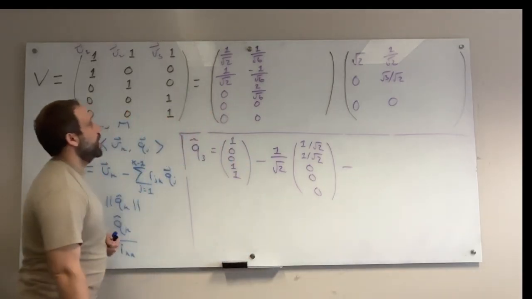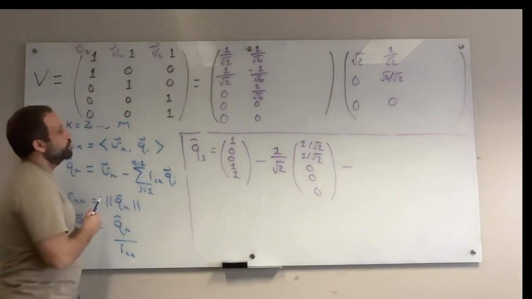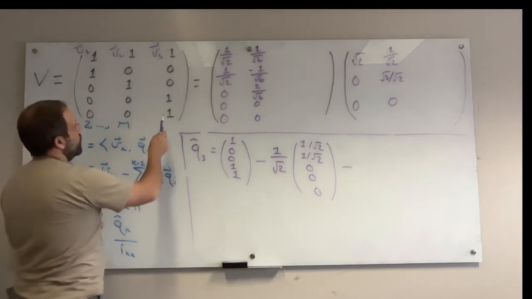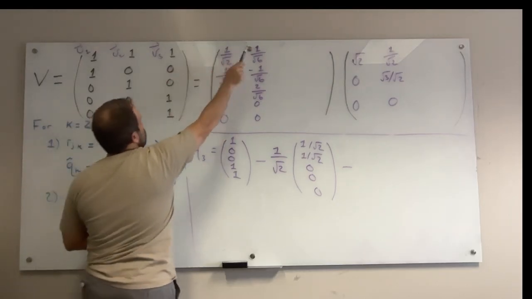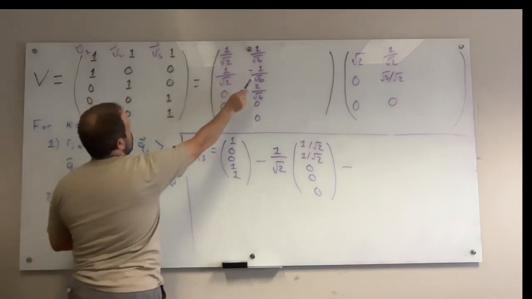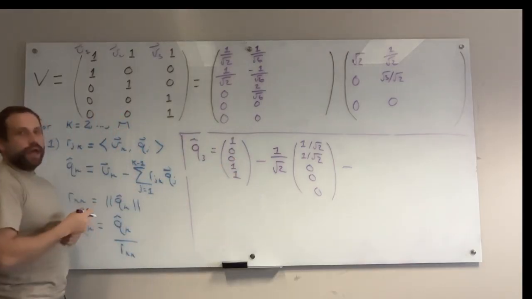Okay, then we're going to subtract off the projection of V3 onto Q2. Okay, so what's the inner product? Well, we're going to have 1 times 1 over the square root of 6, but then notice there's going to be 0 times that plus 0 times that plus 1 times 0 plus 1 times 0, so a 0 in all of the other pairs.